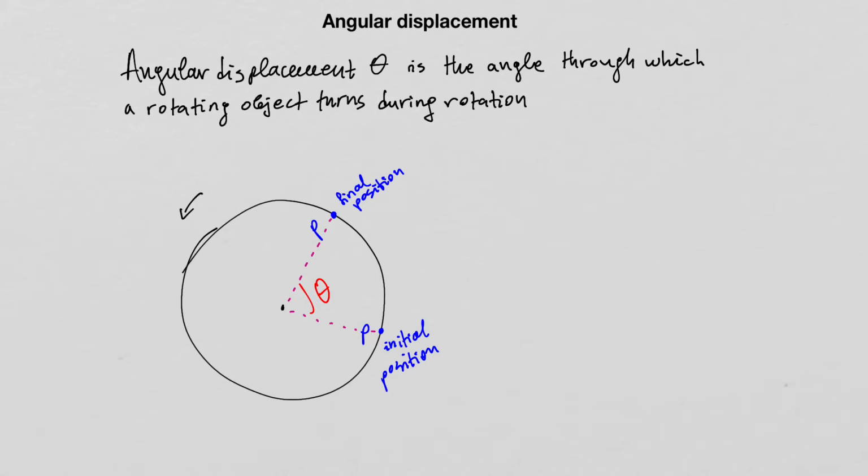The units for angular displacement are called radians in the metric system. In the imperial system, we have revolutions, and also we have degrees, which do not belong to any measurement system.